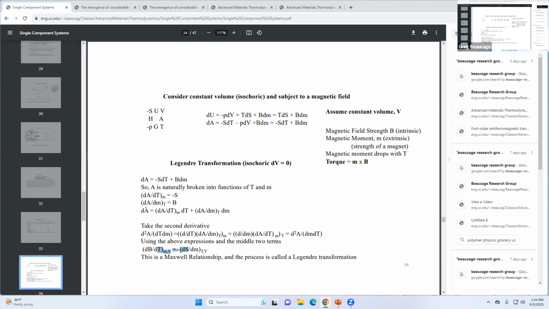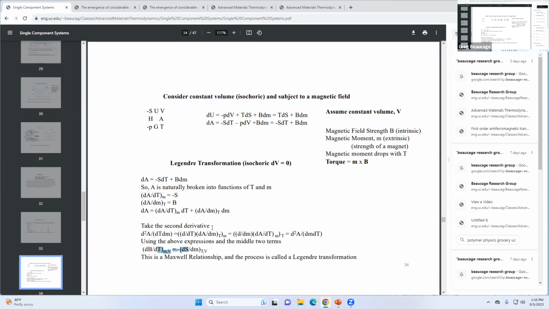And then you take a second derivative, but you take a derivative with respect to T, so the T cancels out, and then you take the derivative with respect to M, so then the M cancels out, and you have the second derivative of A with respect to M and T, dA dT dM or dA dM dT.